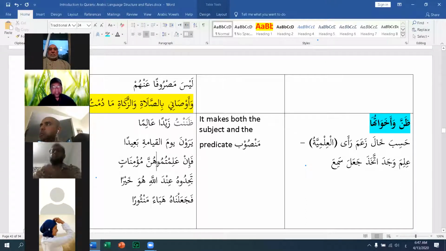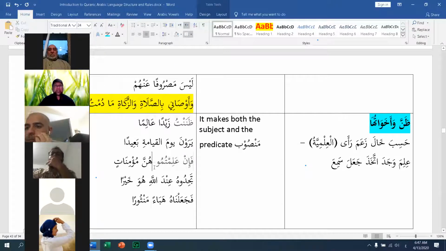Let's separate this word. I'll just separate this and break this down. I'll explain why. Hunna means what? They. Hunna is dhamir. It's a pronoun for a group of women. Hunna mu'minatun.